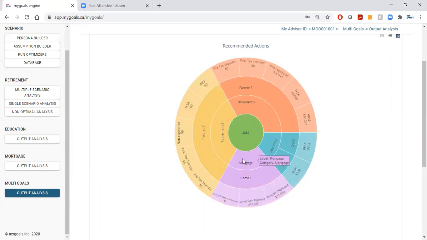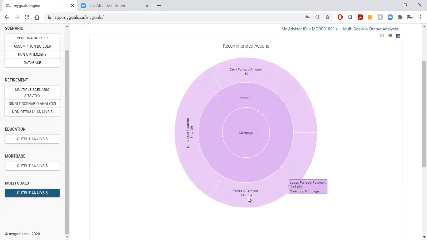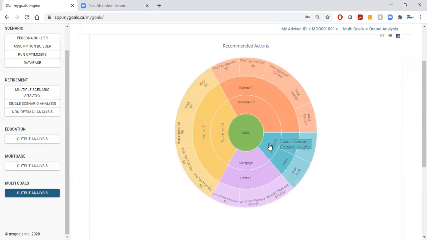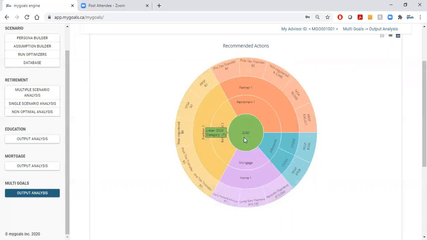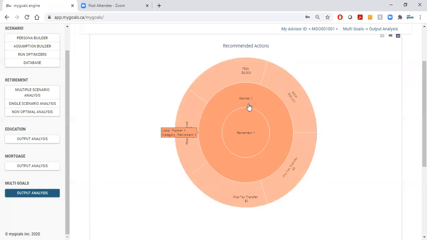We can look at mortgage, your regular payments, your lump sum payments. Looking at education, we made a $908 contribution here and a $336 contribution for child 2. And around for retirement, these would be the various cash flows.